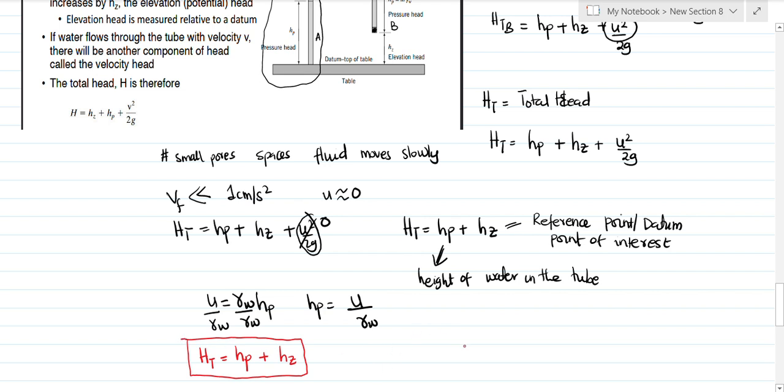Now if I have two different points, let's say I have this system that contains soil, this whole thing is soil. I connect water to it at this end, then I let water come out at this end. I connect a piezometer here and another piezometer here, to measure the head at this point and the head at this point.